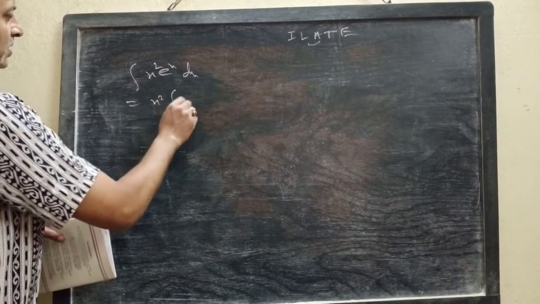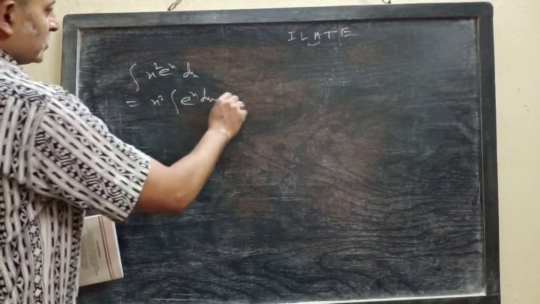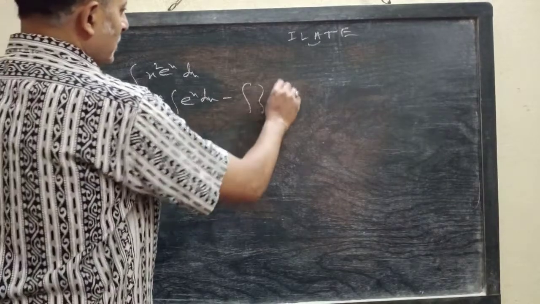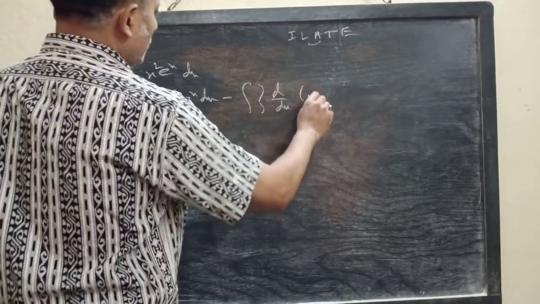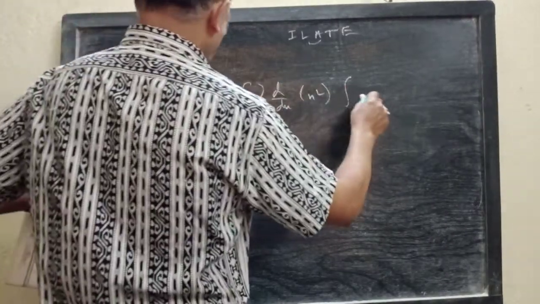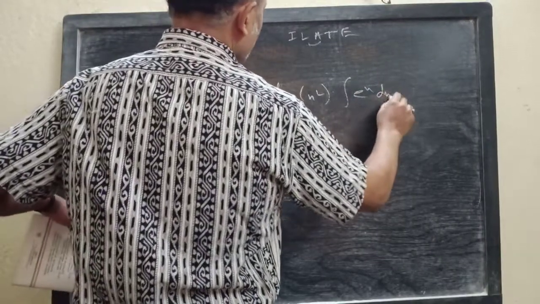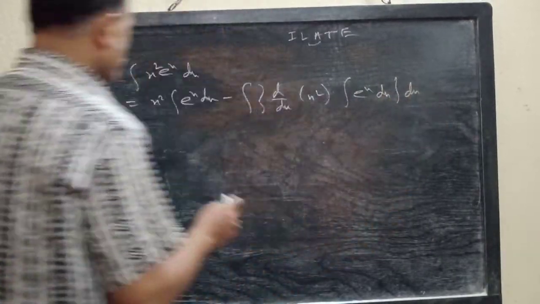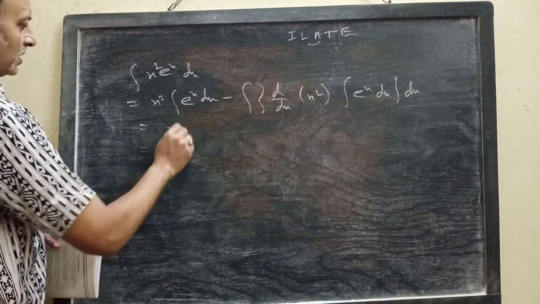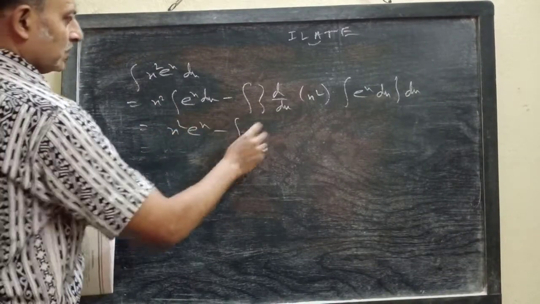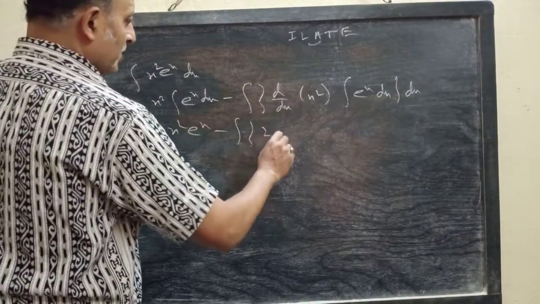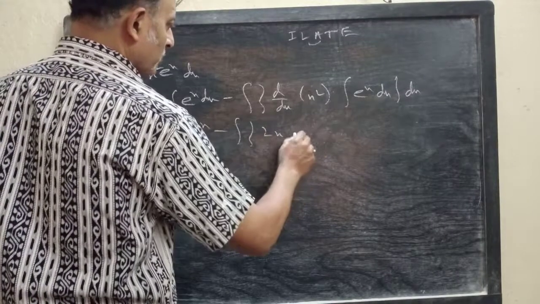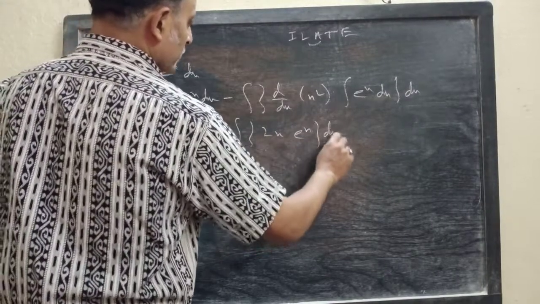X square integral e to the power x dx minus integral, second bracket, derivative of first function, integral of second function. This is e to the power x. Derivative of x square is 2x. This is e to the power x dx.